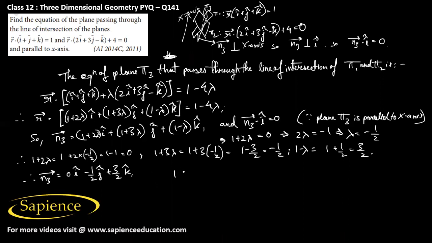And the value of 1 minus 4 lambda will be 1 minus 4 into minus 1 by 2. So that is 1 plus 4 by 2, that is 3.